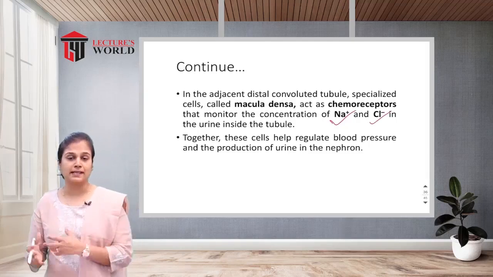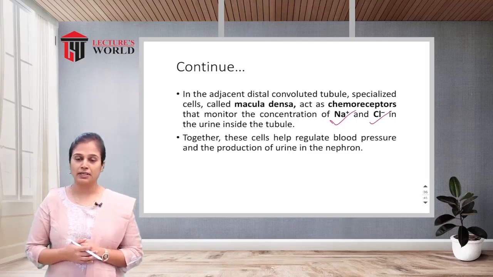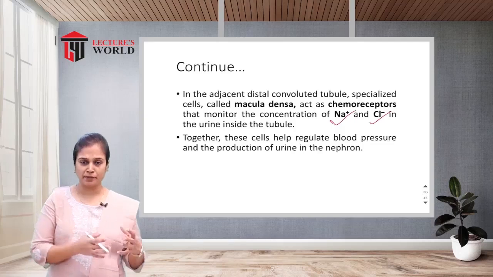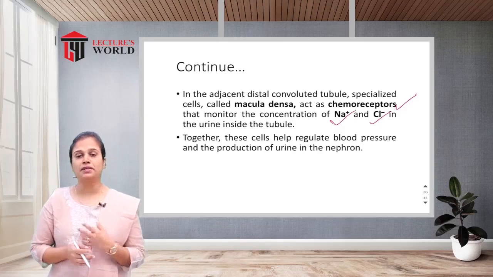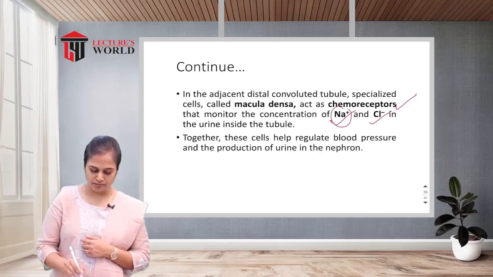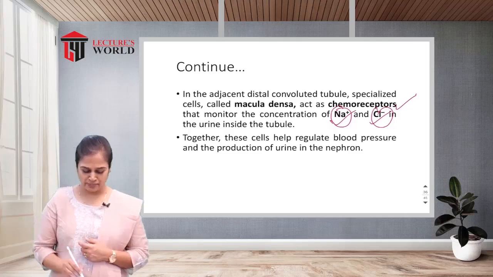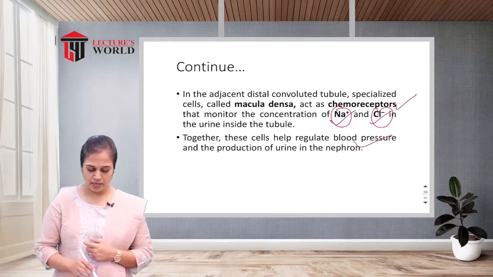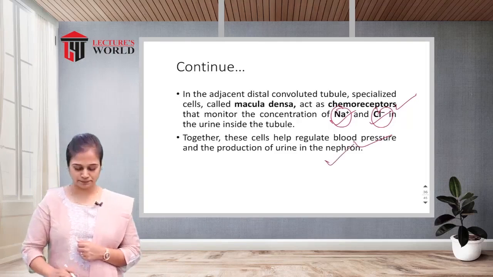Together these cells help to regulate blood pressure and the production of urine in the nephron. So the macula densa acts as a chemoreceptor and monitors the concentration of Na+ and Cl-, and with the help of this there is maintenance of blood pressure and production of urine in the nephron.